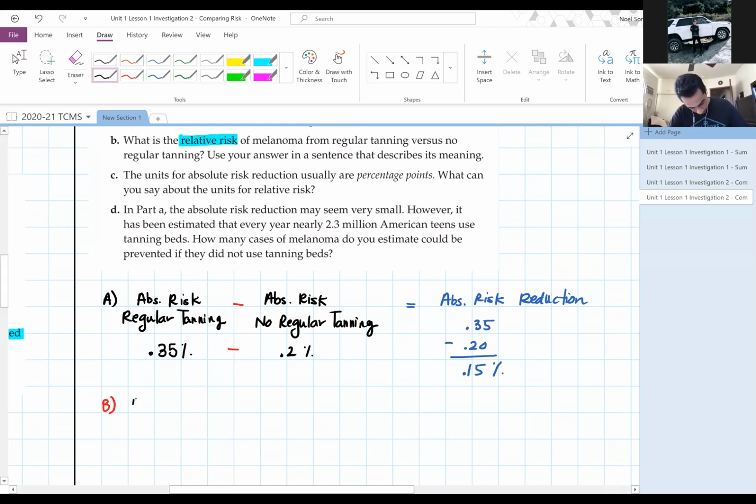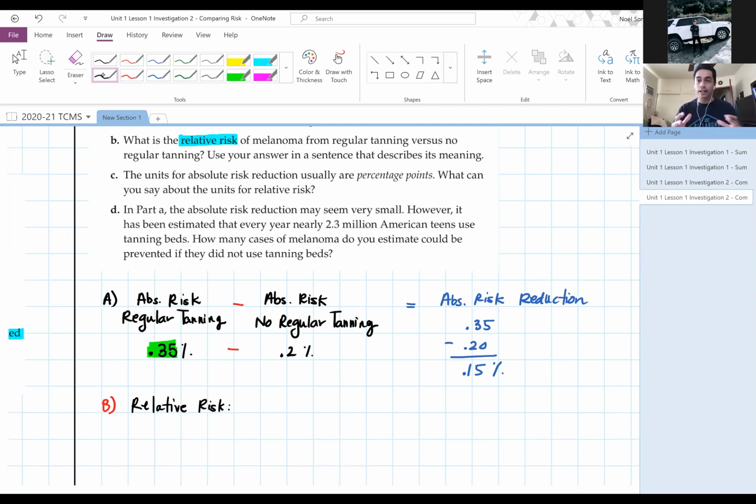So when it comes to calculating a relative risk, all right, we're going to want to set it up in a way where we take the larger percentage, convert that to a proportion, right? So we want to deal with proportions here. So in this case, I have to look at my larger values. And so my larger value is going to be the 0.35%.